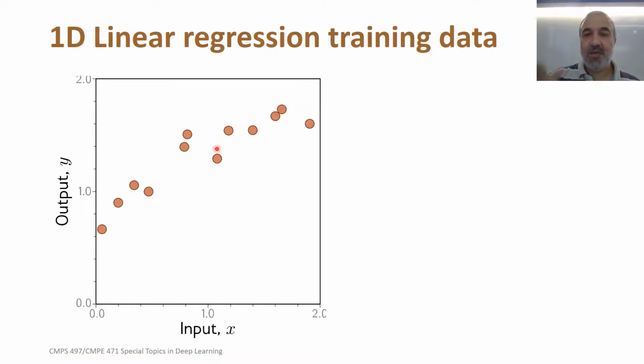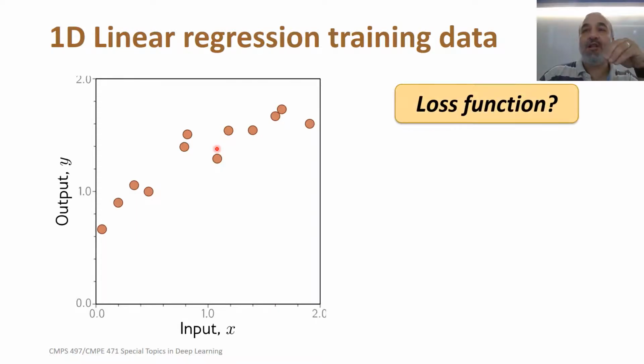Now, let's say that we want to get a specific line, right? How can we find a good one? We need an indication of how good the line is, right?